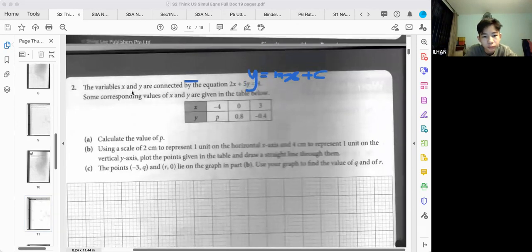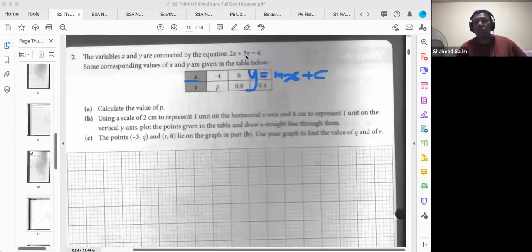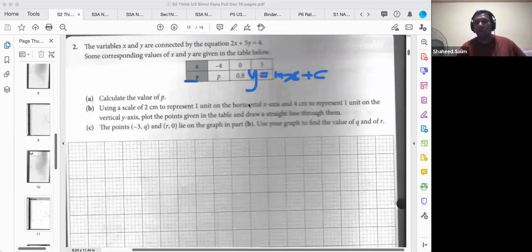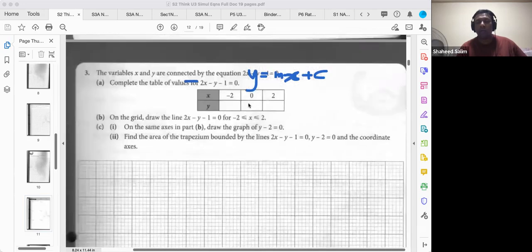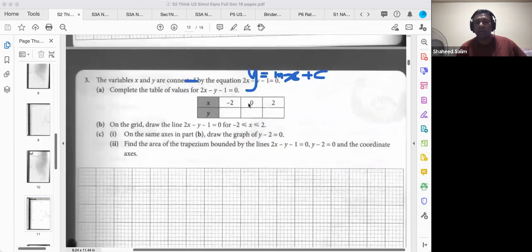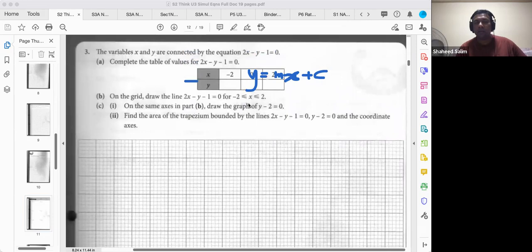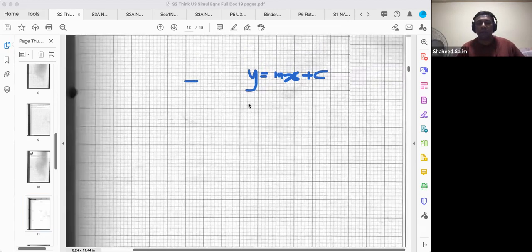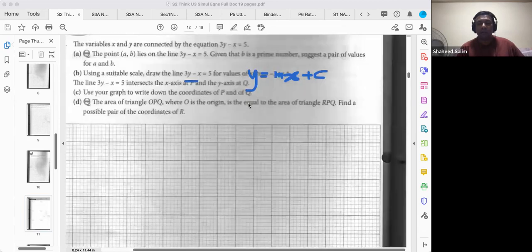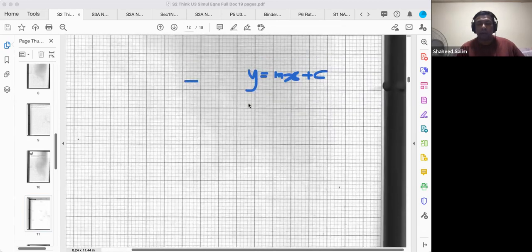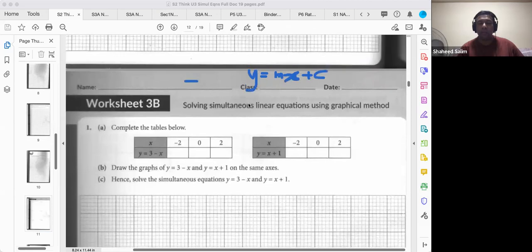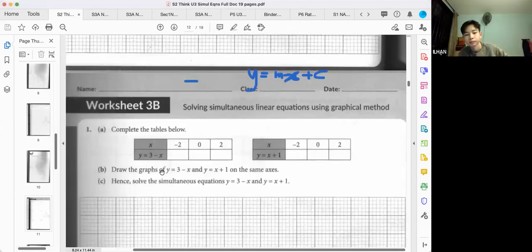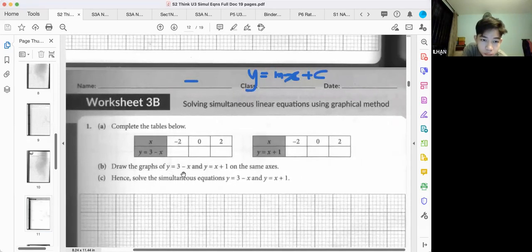So down here again, they give you 5y. We want this form, y equals to the thing. Next part down here, can you see not this one, down here, y equals to 3 minus x.